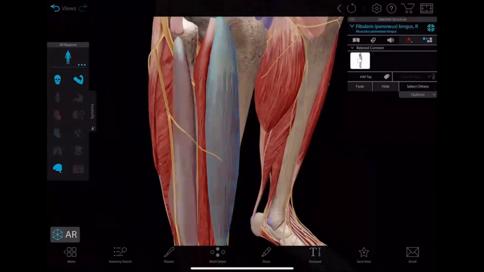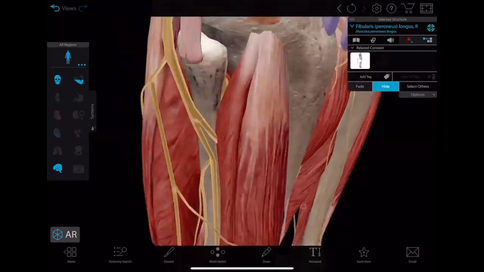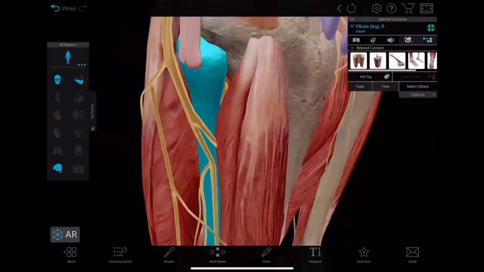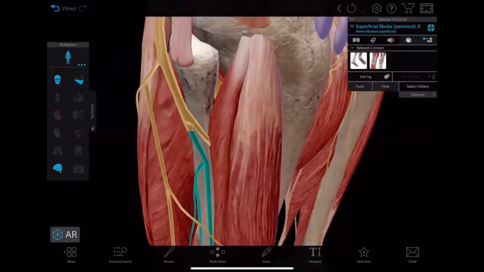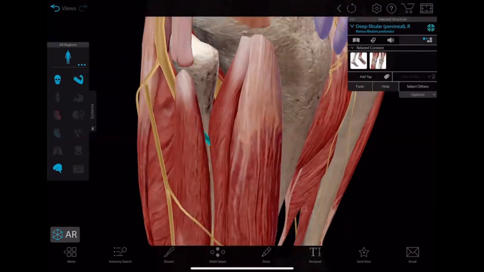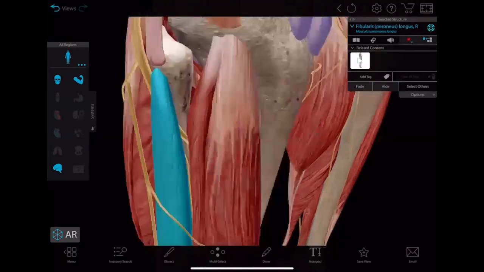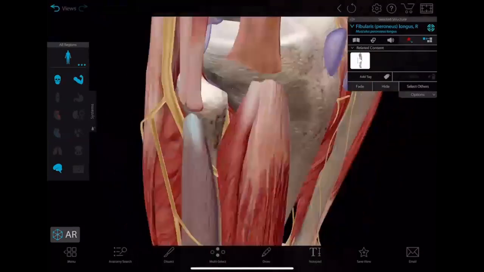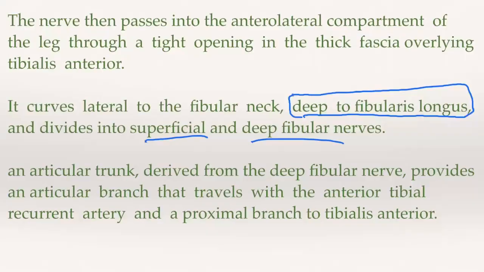So if you remove peroneus longus, you will see the division, right? This is the fibula, this is the head of the fibula. So at the head of the fibula, it is dividing into superficial and deep peroneal nerves, right? This is the overlying peroneus longus. So this tunnel is called the peroneal tunnel, right? Where it is coursing behind fibularis longus.